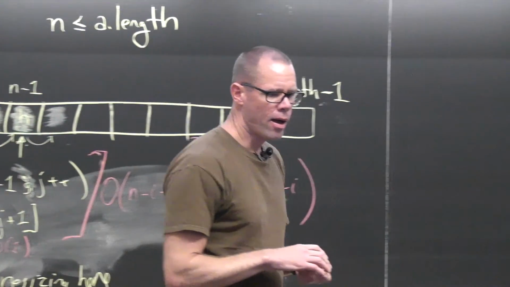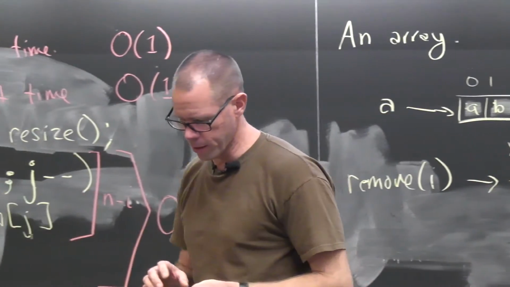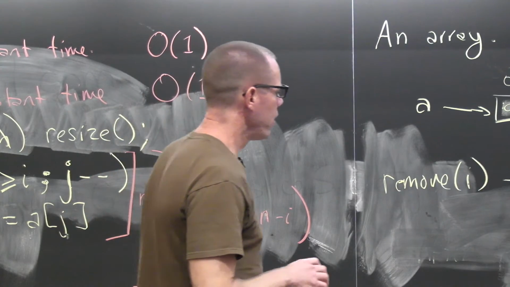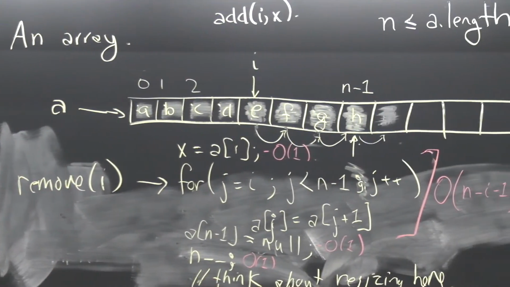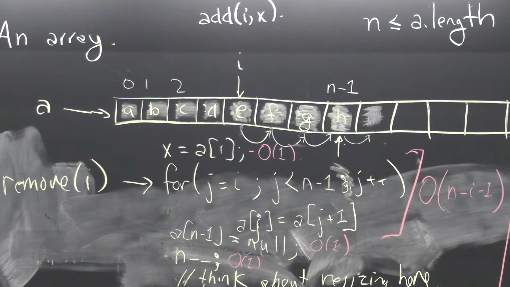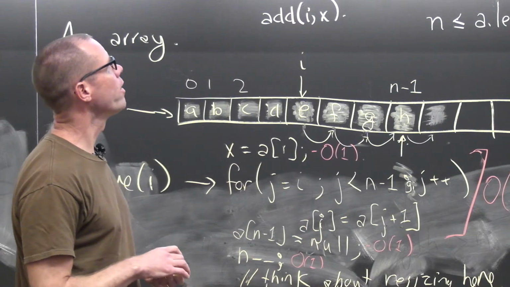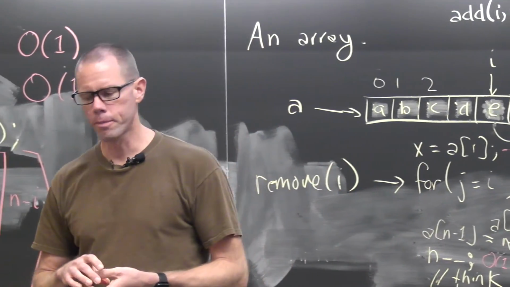Okay. And there's one thing in this code that's projected up here that's not on the board. We said we should think about resizing, and this code does think about resizing. It says if the length of A is greater than or equal to 3 times n, then we should resize.